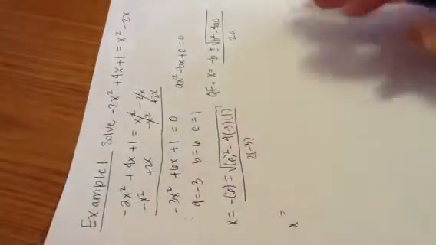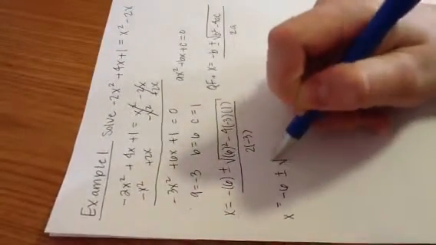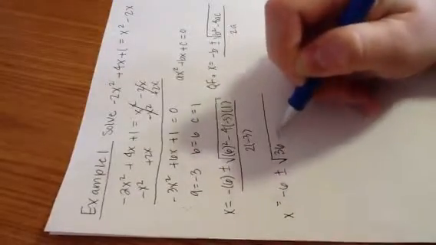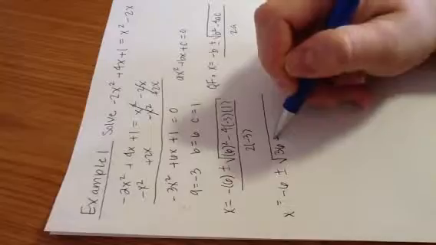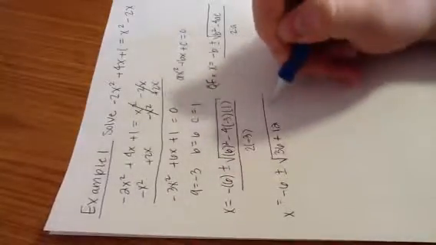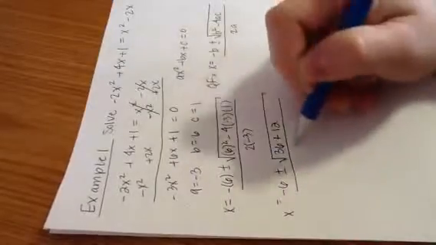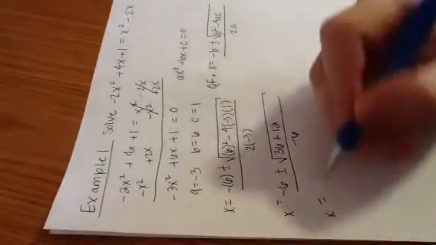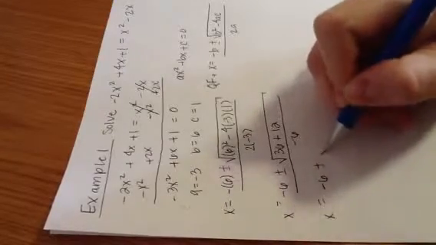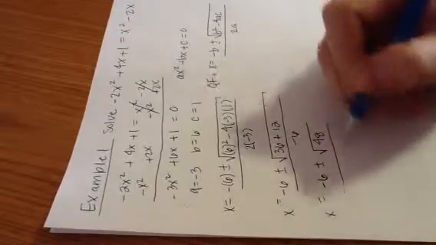So we'll have x is equal to negative 6 plus or minus the square root of 36 minus, minus times a minus is a positive, so you have plus 12, all over negative 6. Alright, so we just keep on simplifying, so we get x is equal to negative 6 plus or minus the square root of 48 all over negative 6.